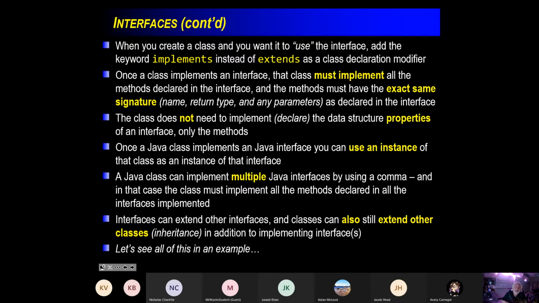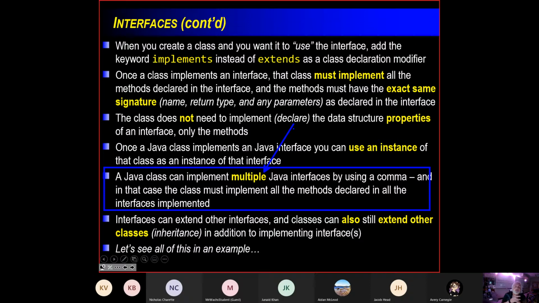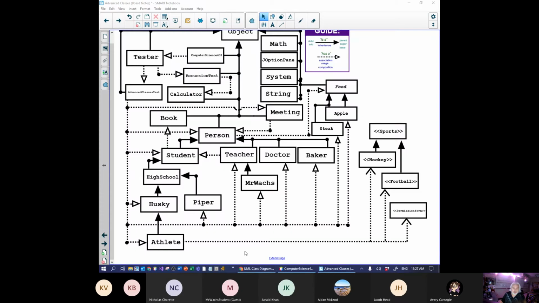But you can implement multiple interfaces. That's what it's saying right here. You can implement multiple interfaces from one class. You can't do that with inheritance. One class can only inherit from one other class. But with interfaces, it's a way around that.